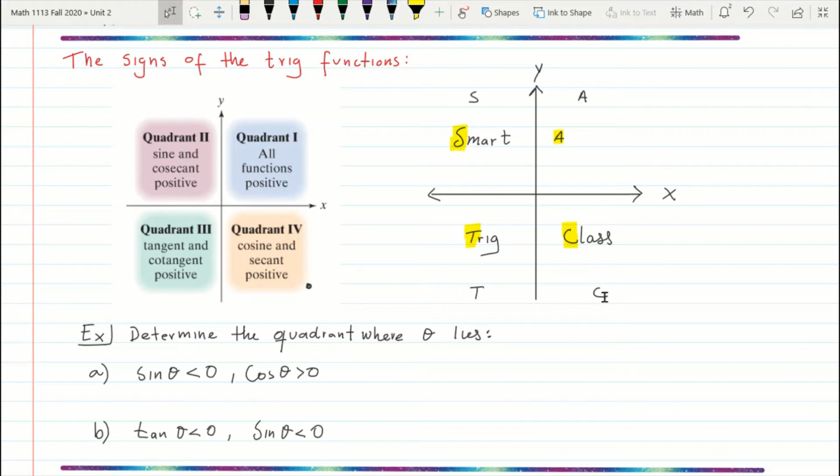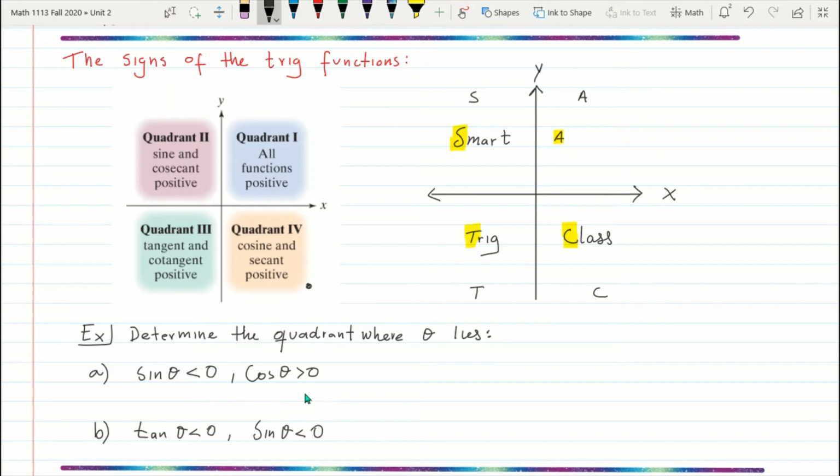Then, what can we expect as a problem? What type of problems can we see for this material? Well, you want to perhaps determine the quadrant where theta is, given the following information. If you know that sine is negative and cosine is positive, well, where could it be?